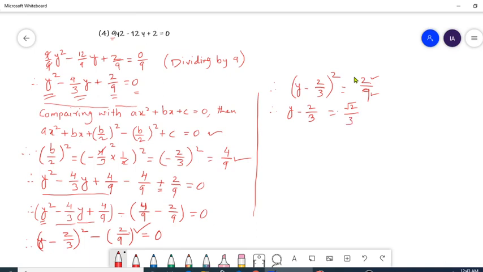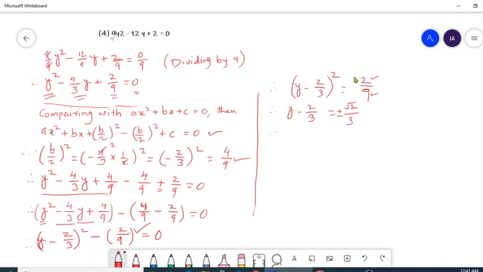But remember, whenever you're taking a square root, there are two possibilities, either positive or negative. So the square root of 2 by 9 can be plus root 2 by 3, or it can be minus root 2 by 3.